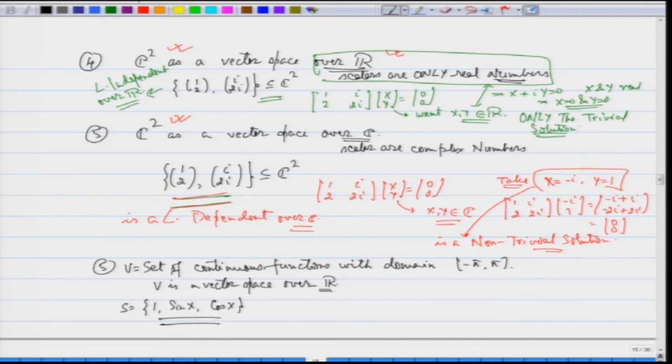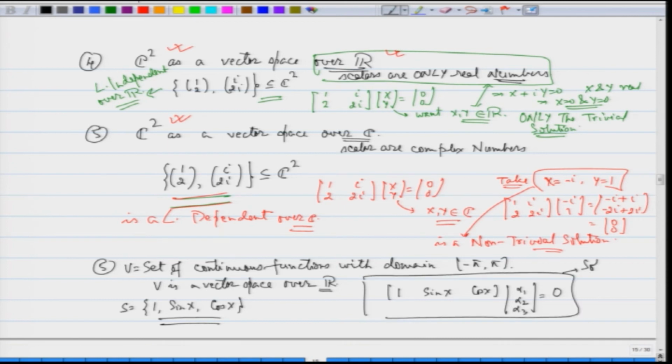I have 1, sin x, cos x, three vectors, so I will have three unknowns, alpha 1, alpha 2, alpha 3, and I want to solve this system for all x belonging to the domain minus pi to pi.